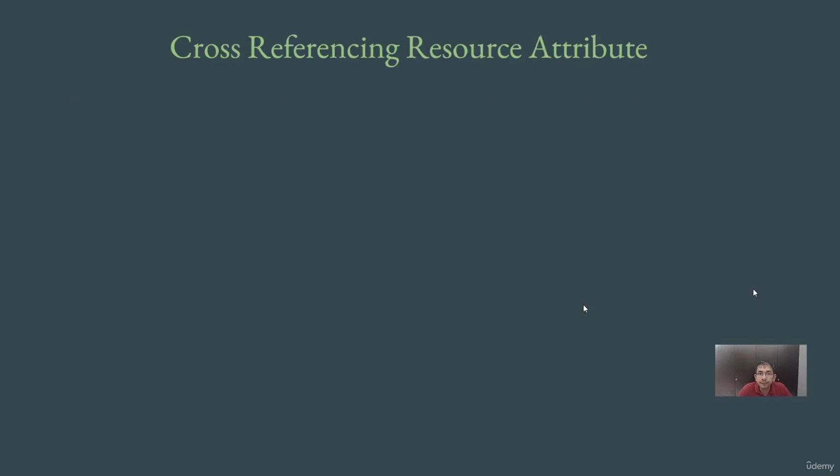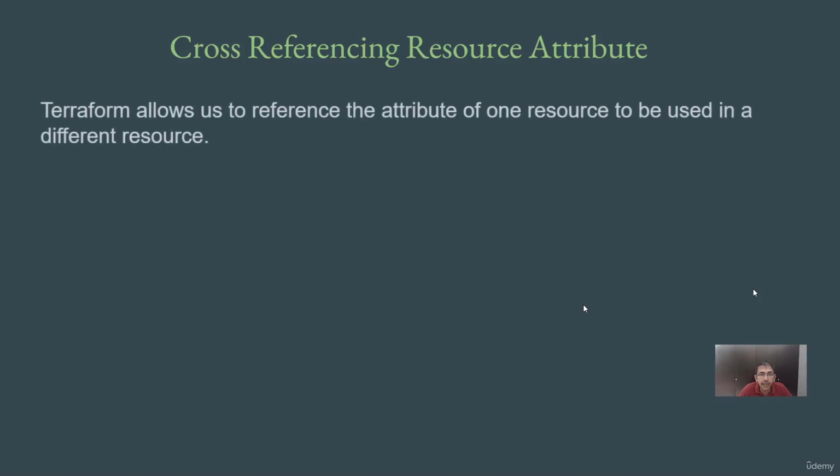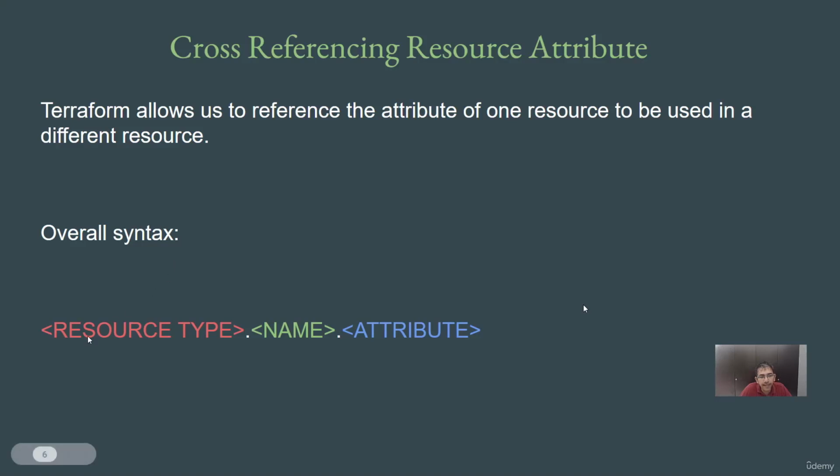Now, one of the great features that HashiCorp provides is cross-referencing the resource attributes. So you can reference the attribute of one resource to be used in a different resource. And this essentially is the solution to the challenge. If you look into the overall syntax of cross-referencing a resource attribute, you specify the resource type, the resource local name, followed by the attribute that you want to reference.